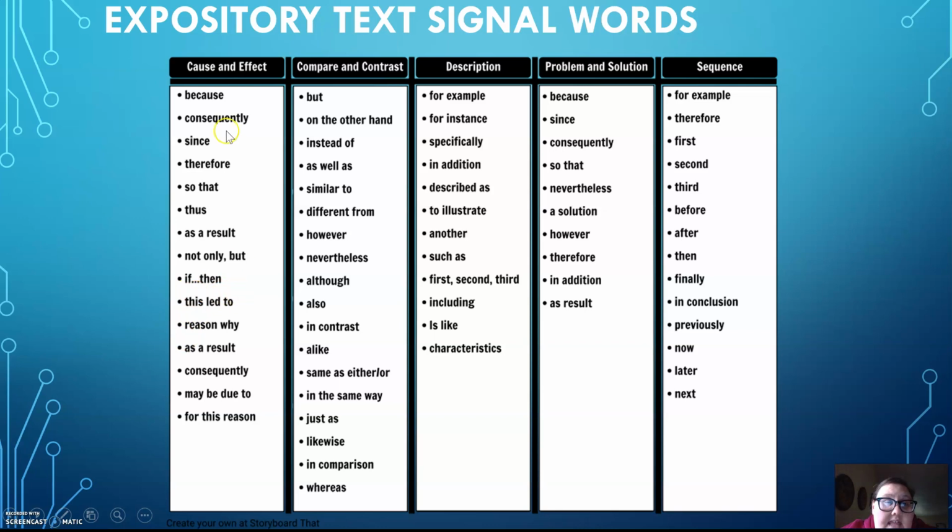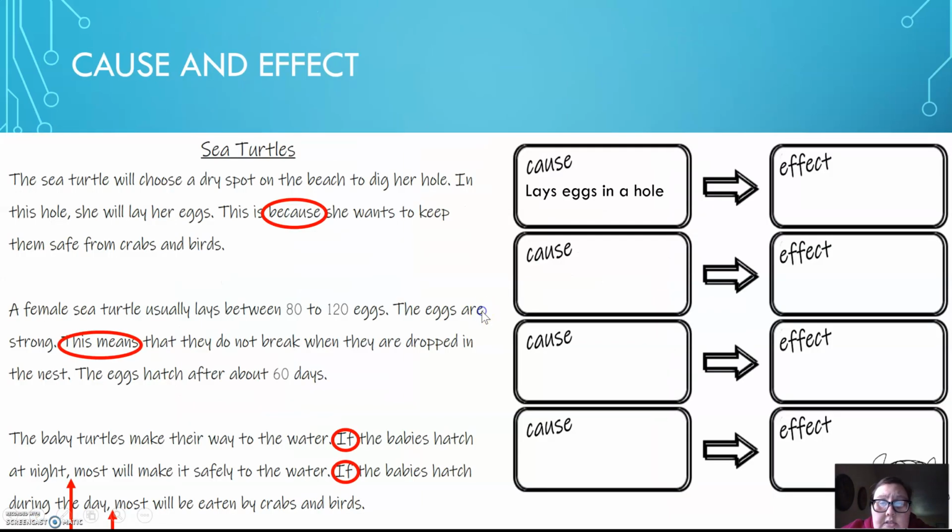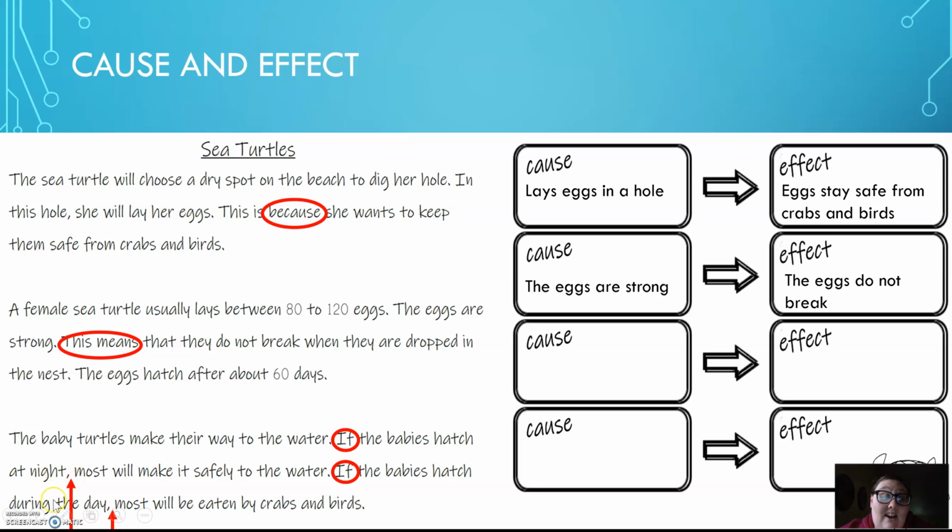So our if then signal word, we have an if here, but there's no then. It doesn't matter. There is a then there, but it's implied. So we have to read the then into it without actually having it there.